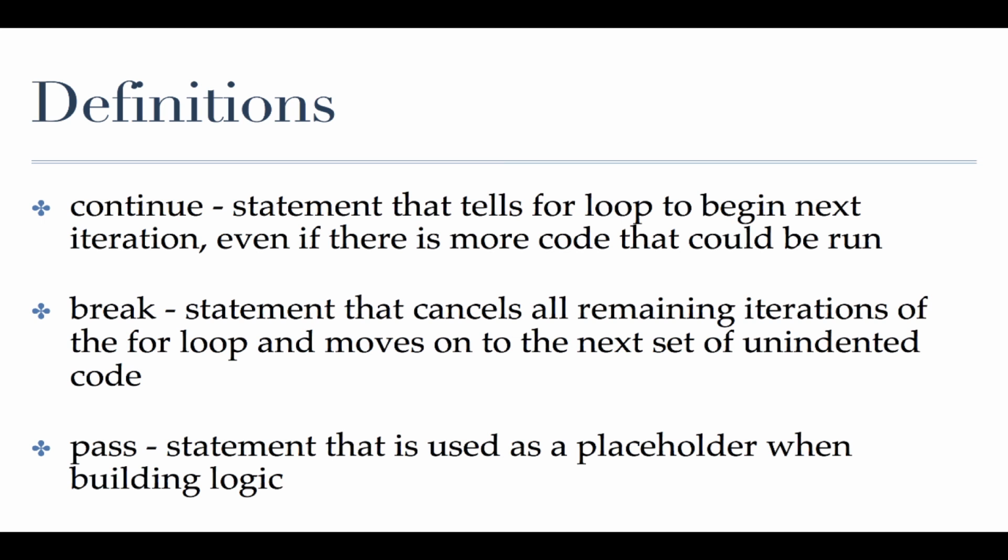If you're building out complex logic, doing things one at a time, and you want to be able to catch some information but you don't want to build out the logic around it, you can use the pass statement, which just allows you to say, okay, it was caught, but I'm not going to do anything with this condition.